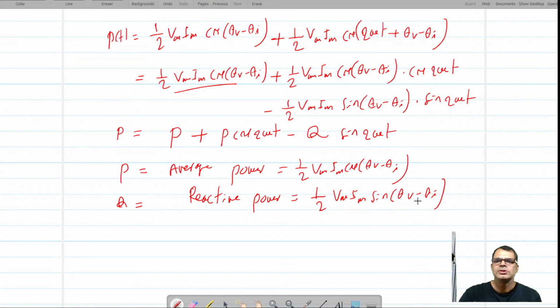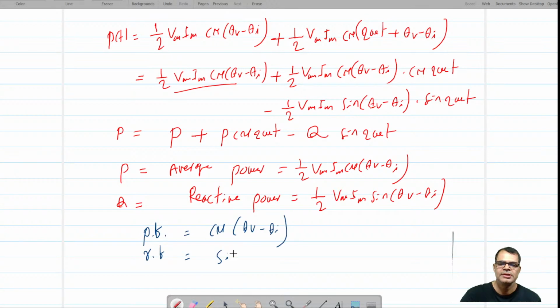Clear? What does cos(theta V minus theta I) signify? We call it the PF, the power factor, and the reactive factor is sin(theta V minus theta I).